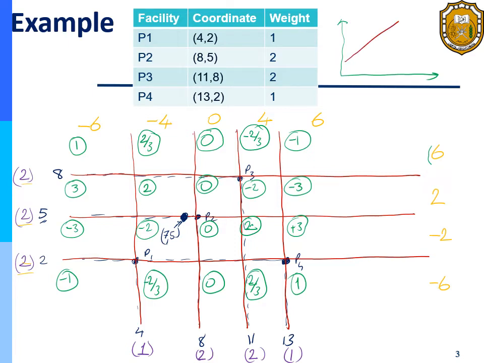Okay, so this line passing through this 7 and 5 will be a line like this. And the slope of this line should be 2. When I say slope, it is y divided by x. Y value divided by x value should be equal to 2.